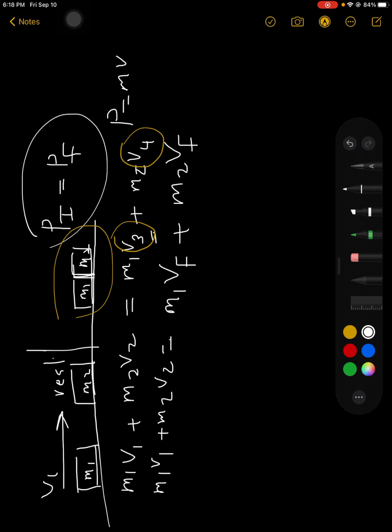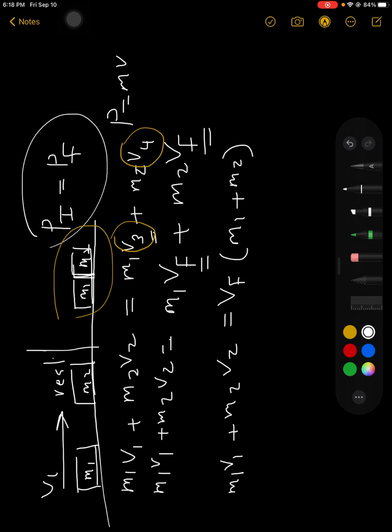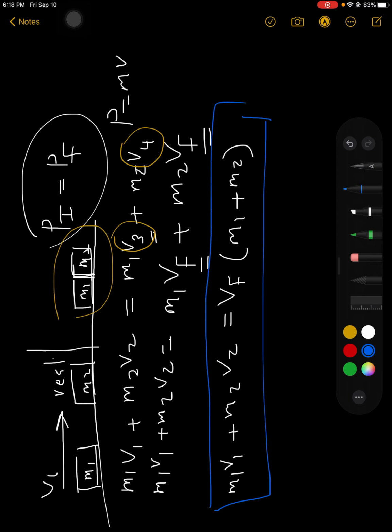Now we can take vf as a common factor outside, so vf times m1 plus m2, and here the same thing, m1 v1 plus m2 v2. This relation we can use to solve any problem in an inelastic collision in one dimension.